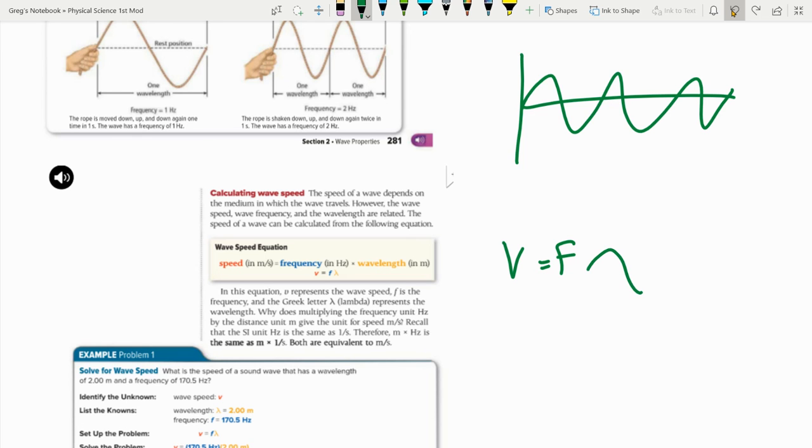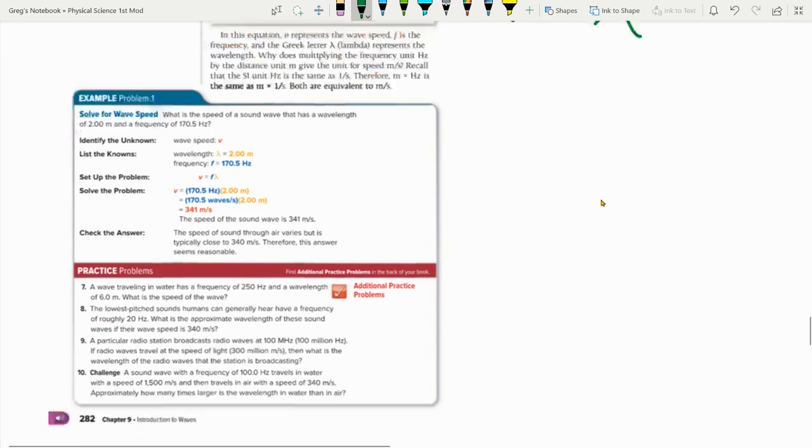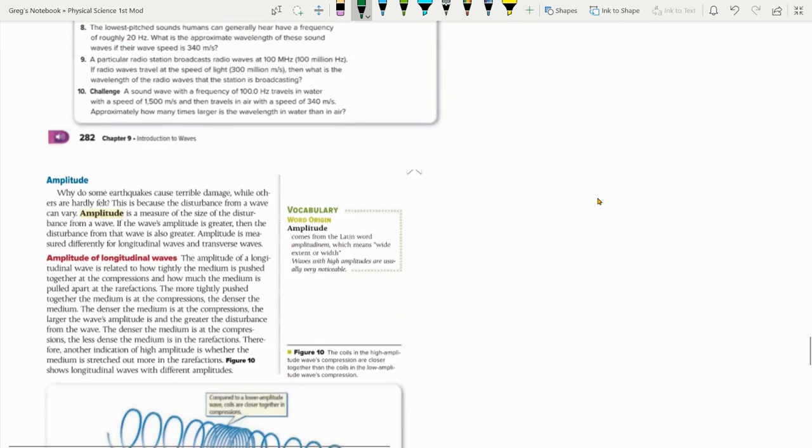Again, speed is always in meters a second. Frequency is in hertz, and wavelength is usually in micrometers. We'll talk about that more though.